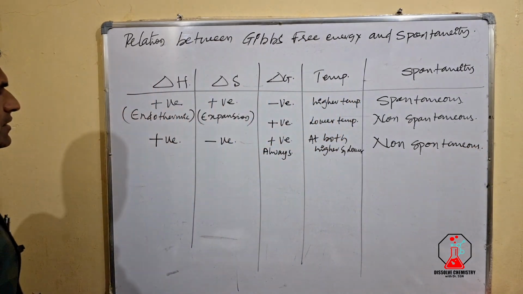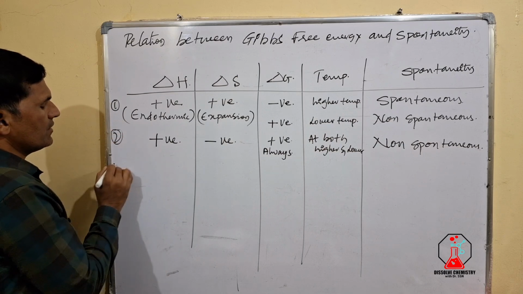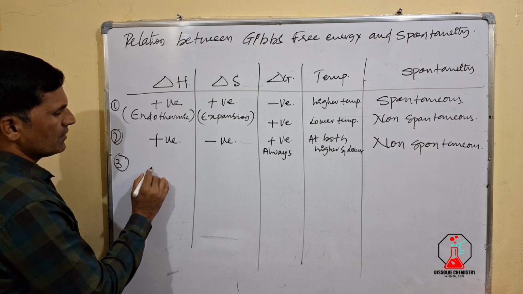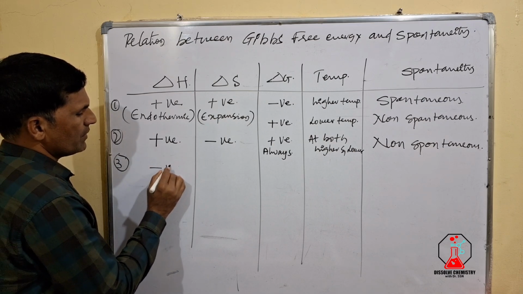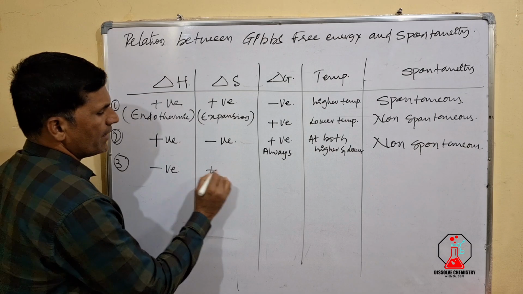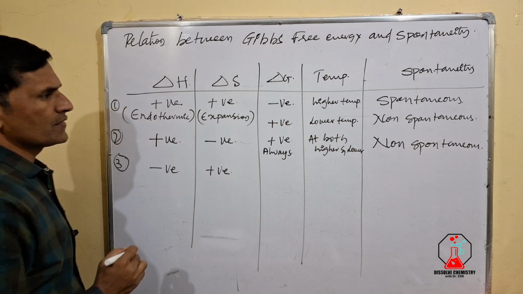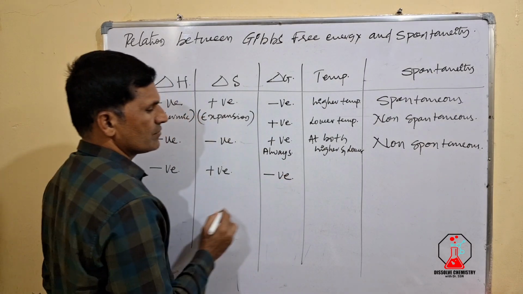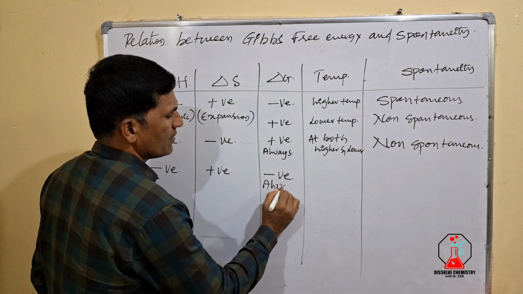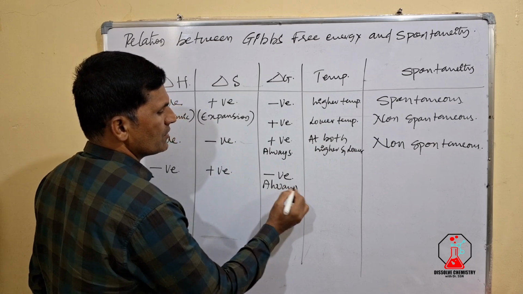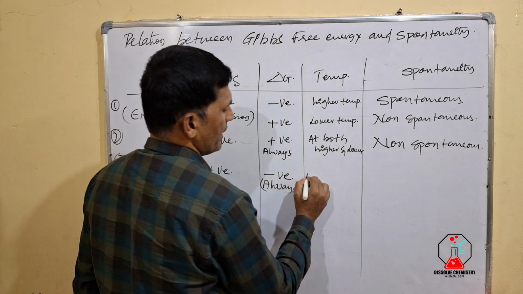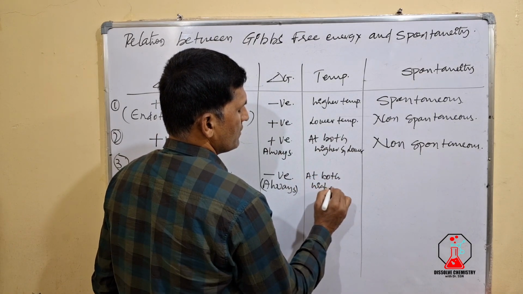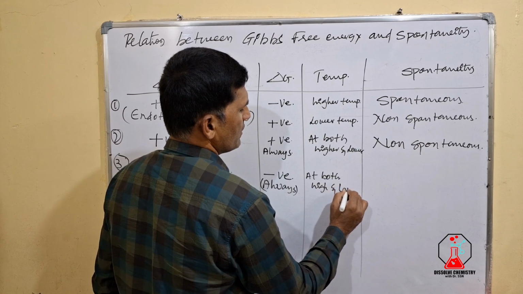Then next, the third one, we will see when enthalpy is negative and entropy is positive, then delta G will be always negative, at both high as well as low temperature, or it is independent of the temperature.